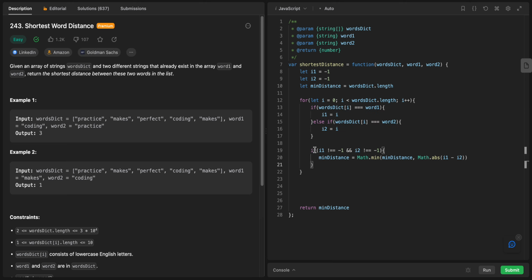If I1 doesn't equal -1, that means we have word1, and if I2 doesn't equal -1, that means we have word2. So update the min distance, but we want the shortest path. So what we are going to do is take Math.min, the old previous value of the min distance, and the new value of I1 minus I2, and we take Math.abs.